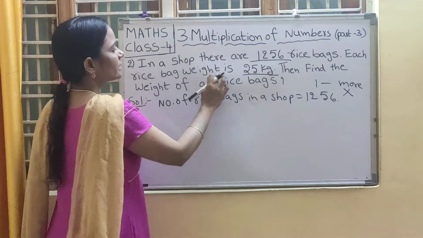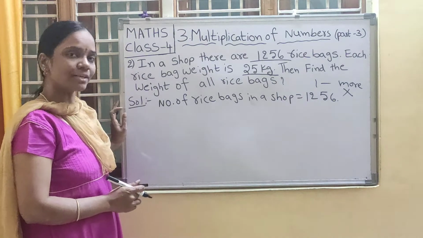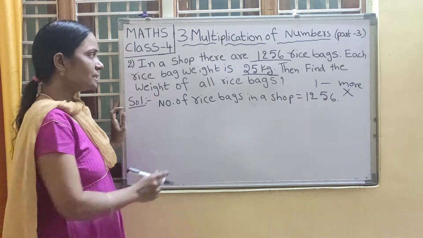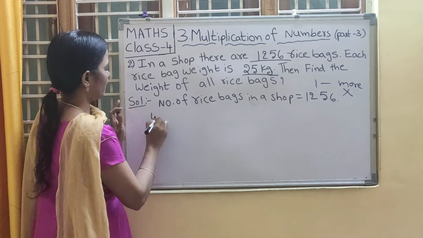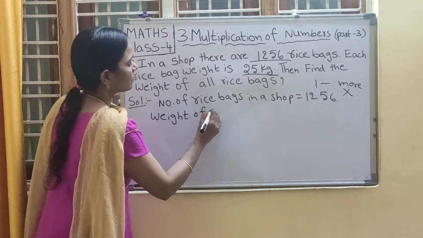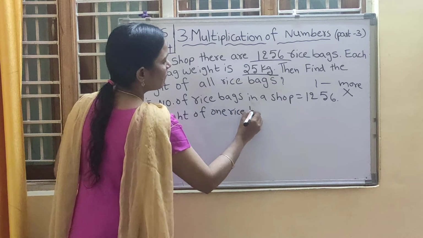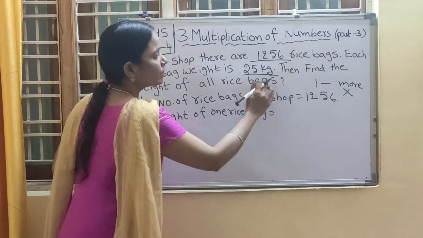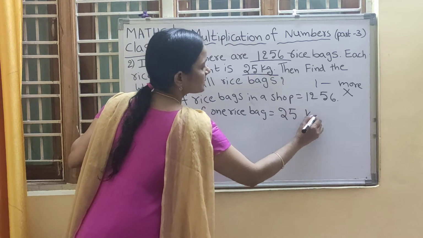Now next statement, read the second sentence, you will get the next statement. Each rice bag weight is 25 kgs. So from that sentence, how do you frame the statement, children? Very good. Weight of one rice bag is equal to how many kgs, children? 25 kgs.